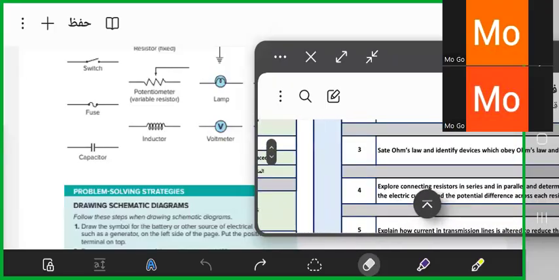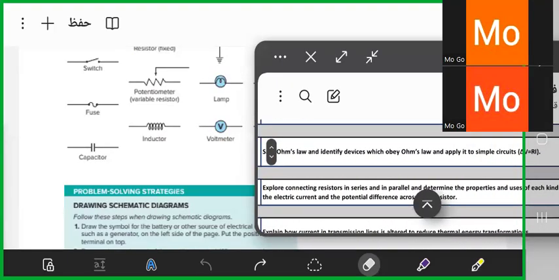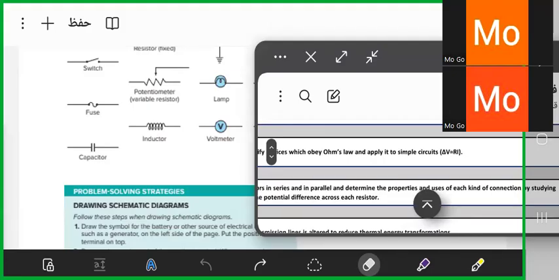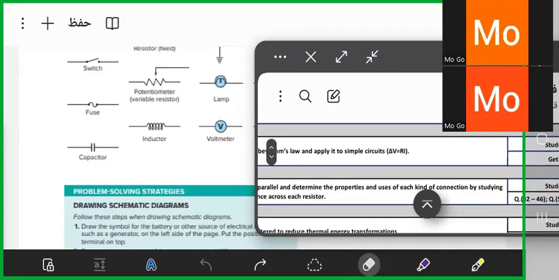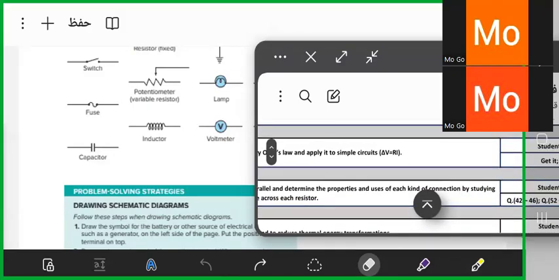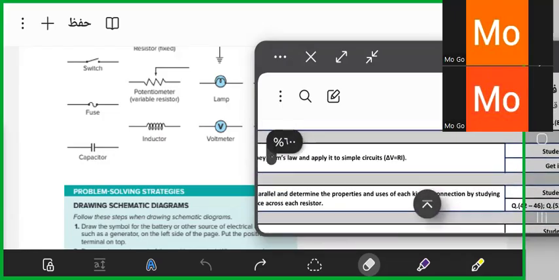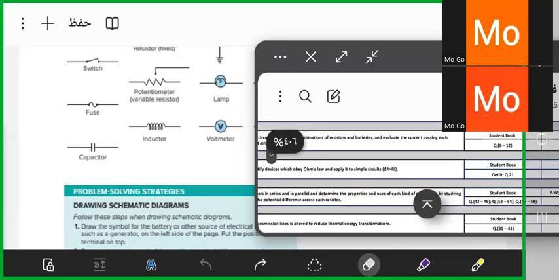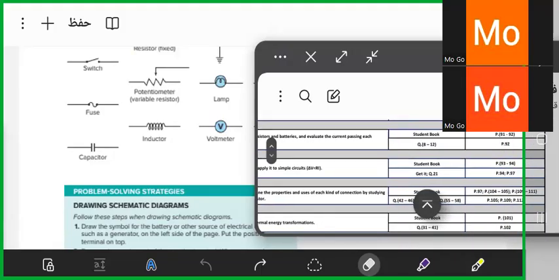Number 3. State Ohm's law and identify devices which obey Ohm's law and apply it to a simple circuit. ΔV equals IR. Why did he change it to R I? It was I R. It was not important. So it was the page again.